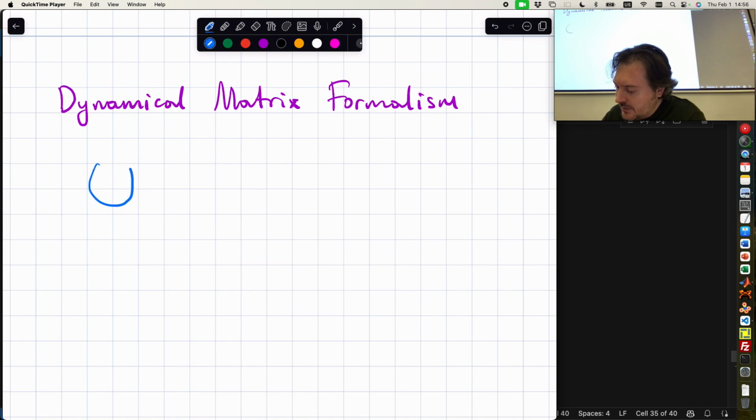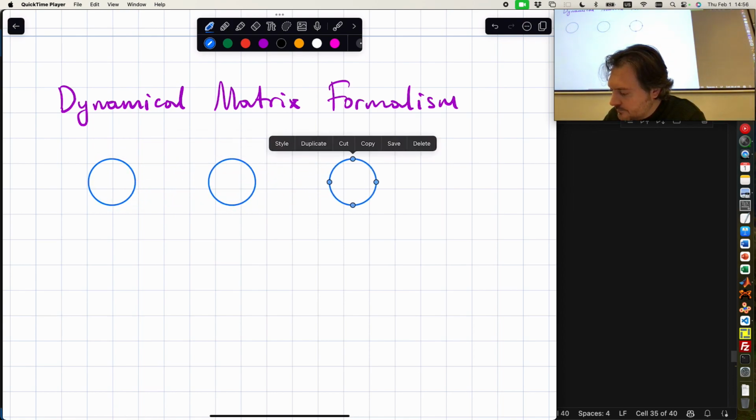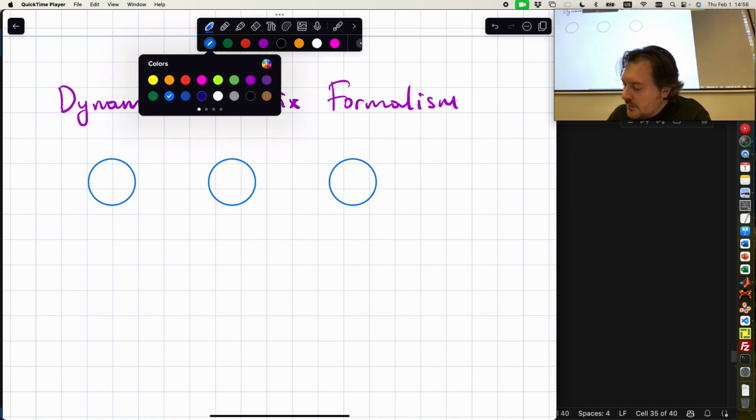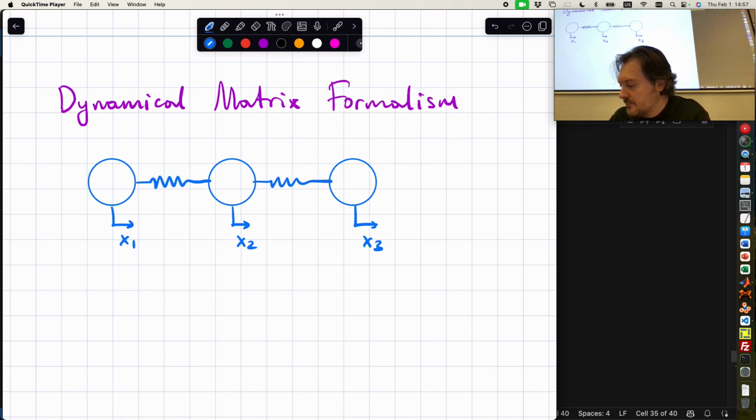Because this particular example has 3 bodies. Consider these 3 bodies, and you might be thinking that this is an arbitrary thing. Why are we bothered with springs and masses?